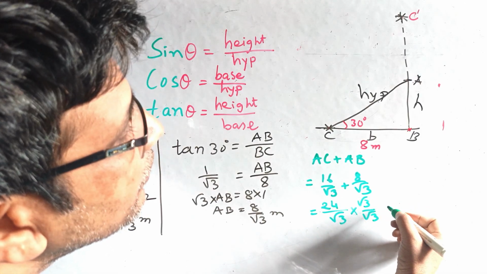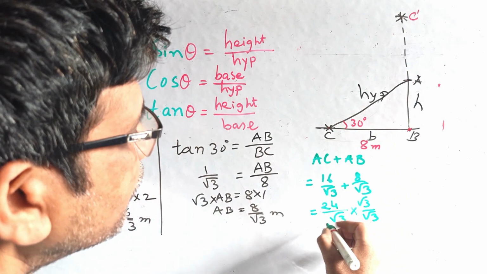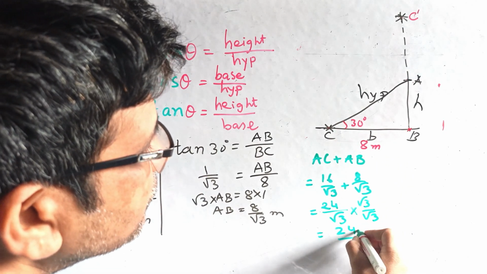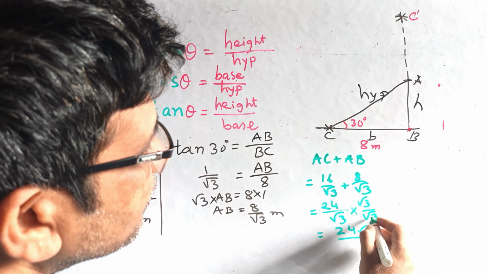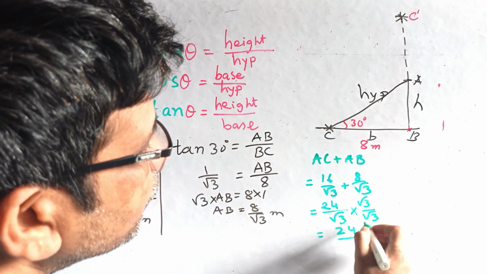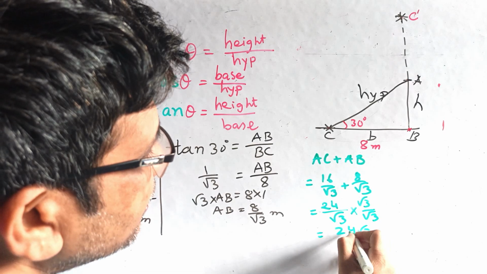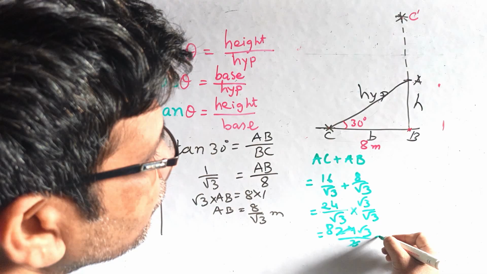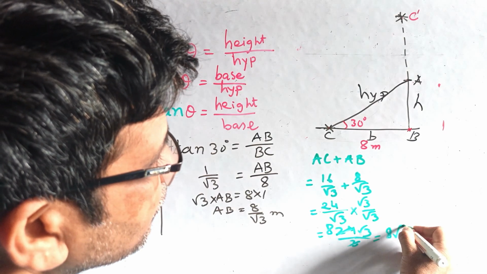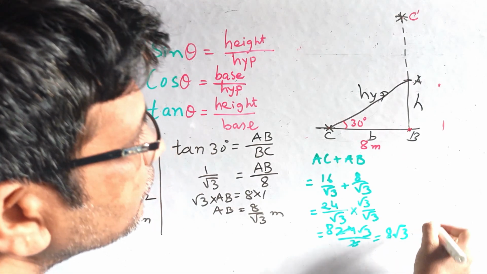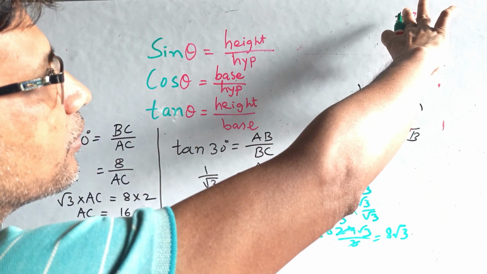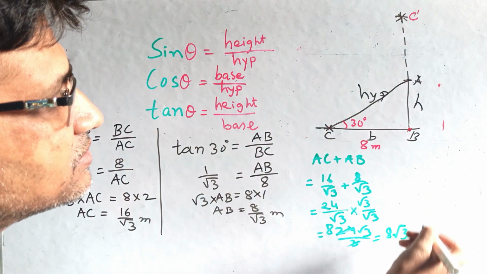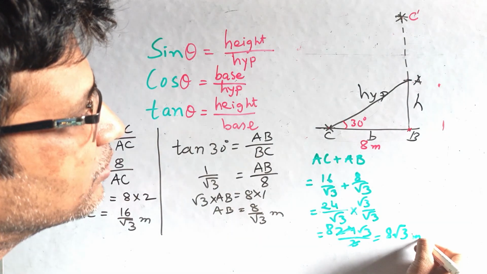In your numerator you will get 24 root 3, and in the denominator root 3 into root 3 is 3. 24 by 3 is 8. If you cancel it, your answer will be 8 root 3. So the total height of the tree is 8 root 3 meter.